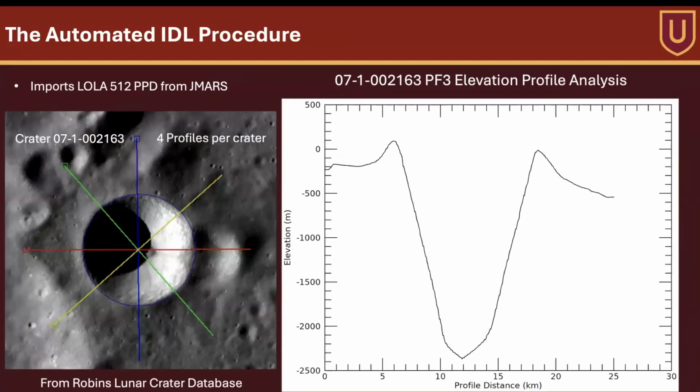Okay, so the top-down view is from JMARS, and the Robbins Lunar Crater Database has the circular outline where the rim is supposed to be, and then I drew the profiles on by hand, and then each profile gives us the graph that we then sent to our procedure.